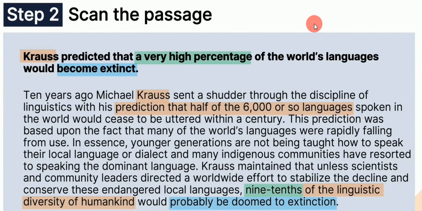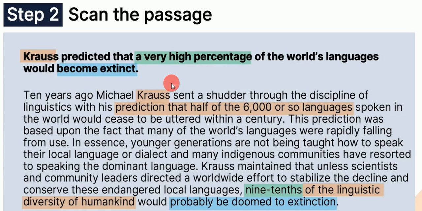Here is the section of the passage which contains the key words from the question. As you can see, the name Kraus is mentioned here. So it is a good section to read in more detail and see if it contains the other key words as well.